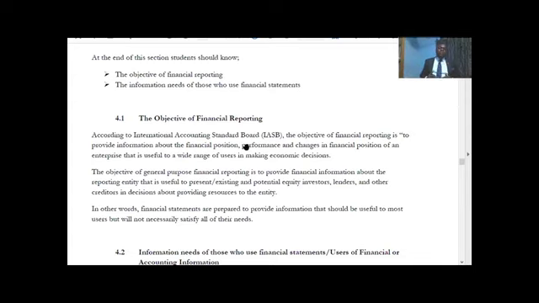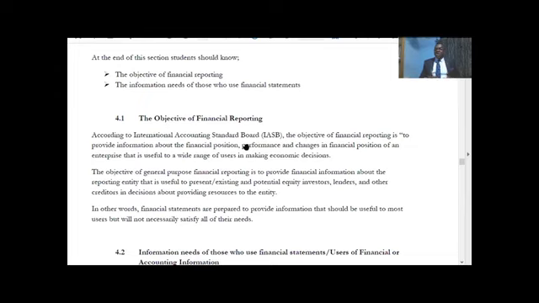So if I happen to be a potential investor, and I want to come and invest in company A, which has been in existence for 5 years, I would like to know the state the company has been in for the past 5 years. How do I get to know? It is only when the organization prepares its financial statements. Do you get the point? Good.